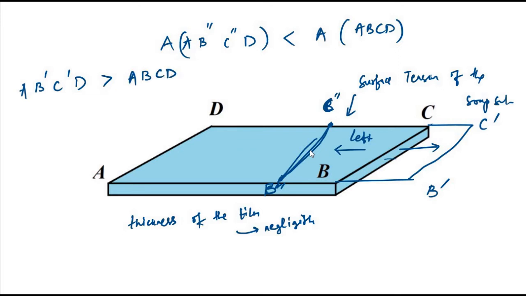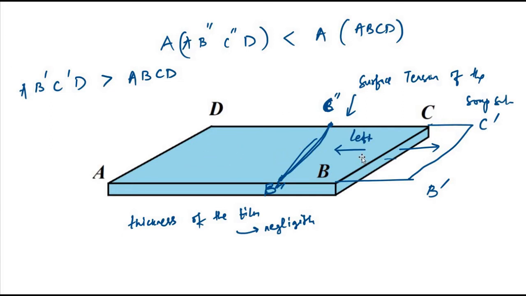So please pay attention here. Surface tension causes the movable portion BC to move to this position B double dash C double dash, causing a reduction in the surface area.